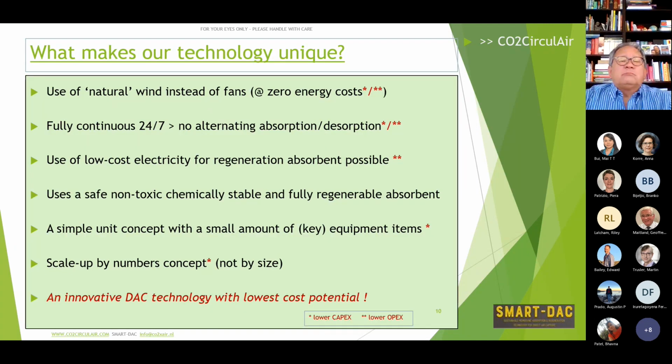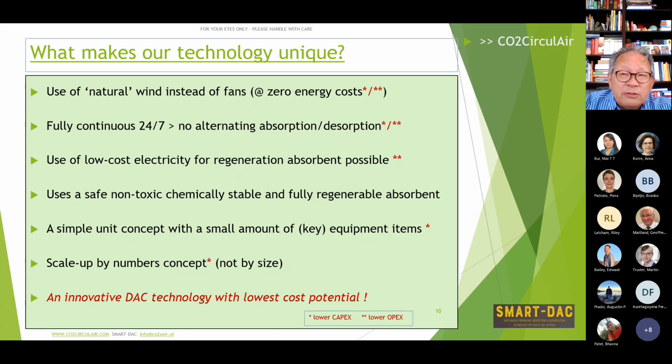So what makes our CO2 Circular DAC technology unique? We use natural wind instead of fans for the absorption side. So we do not need to put fans into capex, and we do not have any electricity to drive the fans, so zero energy costs.